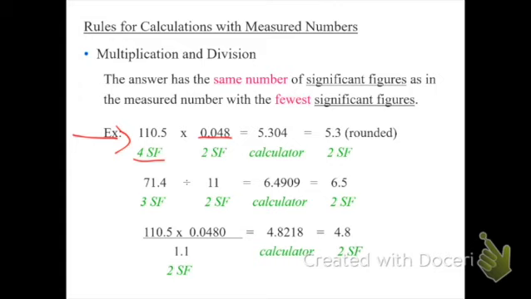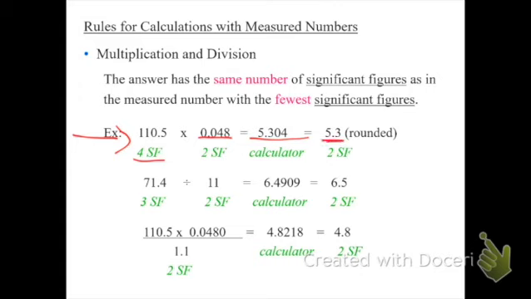So now we multiply in our calculator, and this is what we get. After we get our number from the calculator, we look at the numbers we multiplied. We know one of them had only 2 significant figures. That means the answer should only have 2 significant figures. So now we will round this number to just 2 significant figures, and it becomes 5.3.